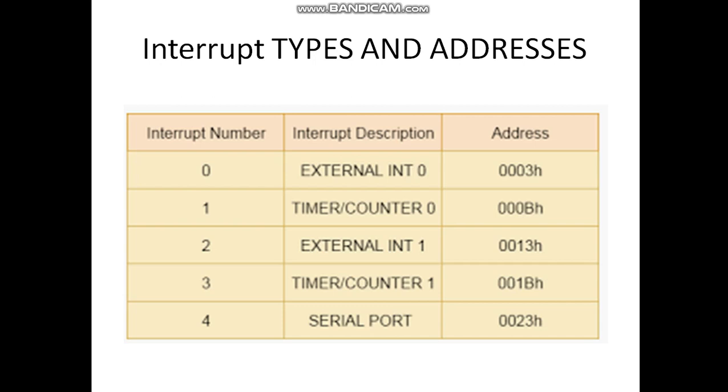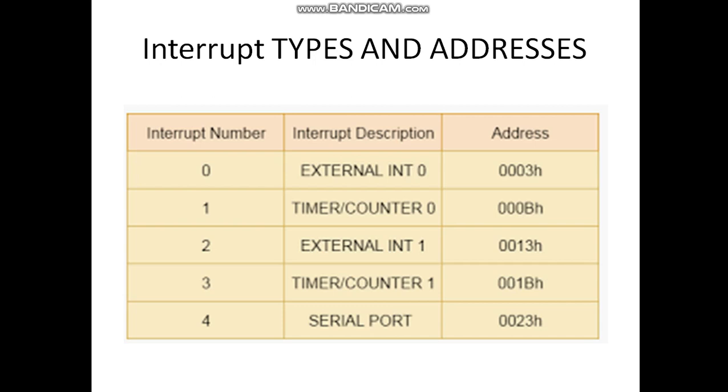Timer 1 or counter 1 interrupt subroutine is written at 001BH. And for serial communication, the interrupt is written at 0023H. Especially for serial communication, whenever an interrupt occurs, we don't know why an interrupt has occurred.